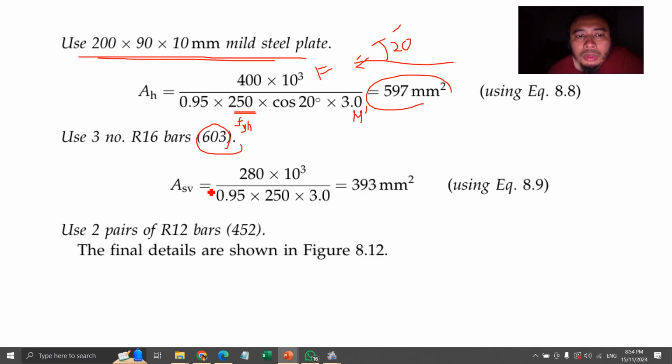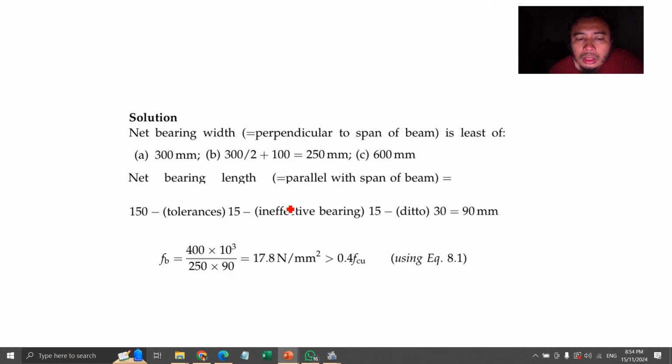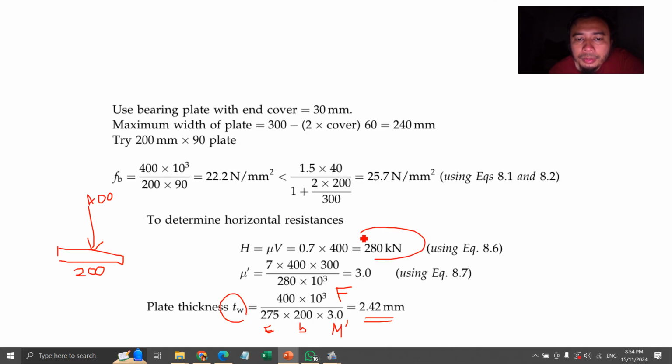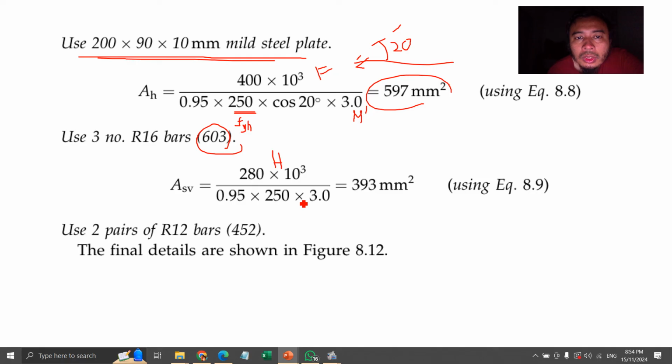Then you design for your stirrup ASV, the shear reinforcement. This is your H, basically here H, as you calculated before. And then this is your 95% reduction, and then this is your FYV, then this is your mu prime.